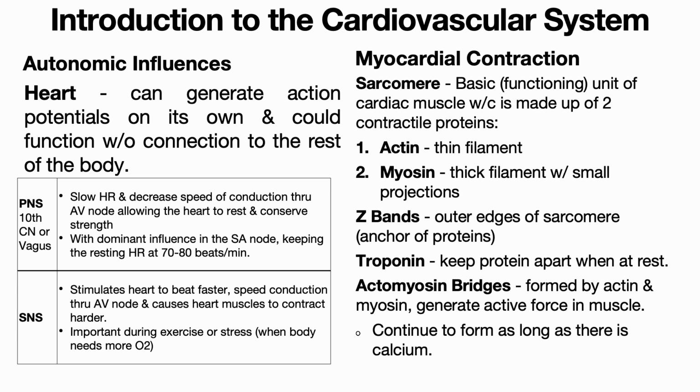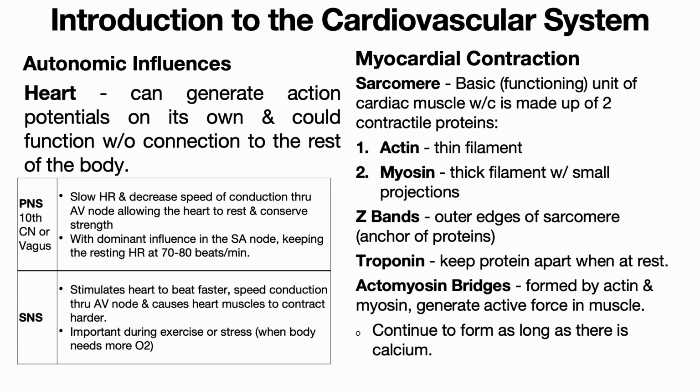So for that, we have the sarcomere, which is the basic functioning unit of cardiac muscle, made up of two contractile proteins. We have the actin, which is a thin filament, then the myosin, which is a thick filament with small projections.